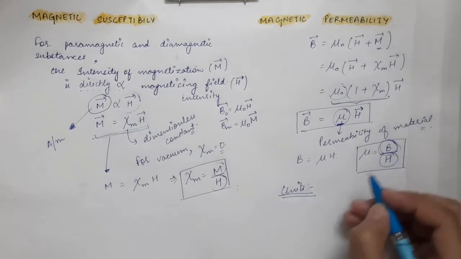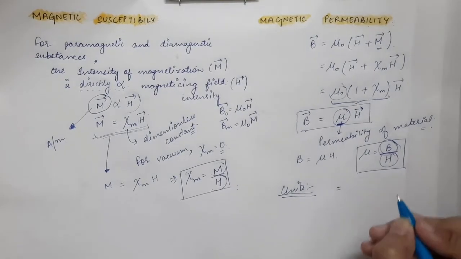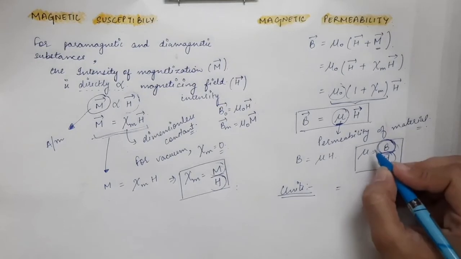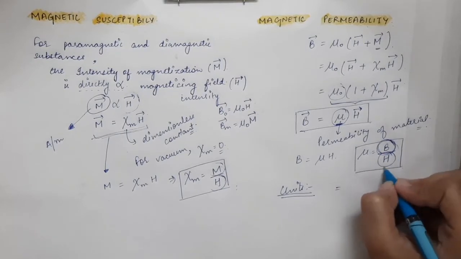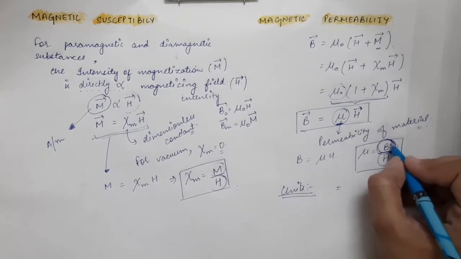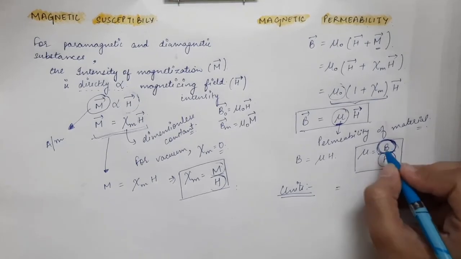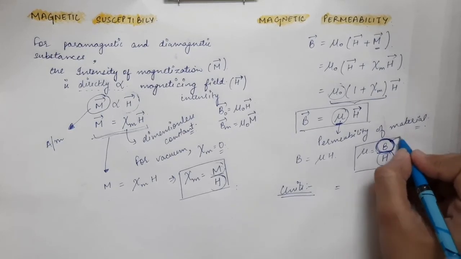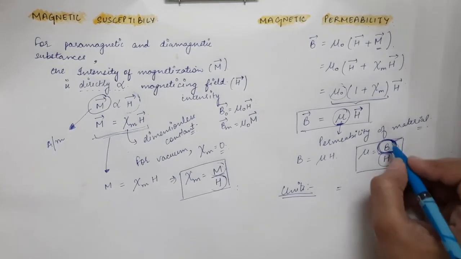So from this formula, what will be the units of mu? The units of mu will be equal to the units of net magnetic induction divided by the units of magnetizing field intensity. This is the net magnetic field present inside the material.